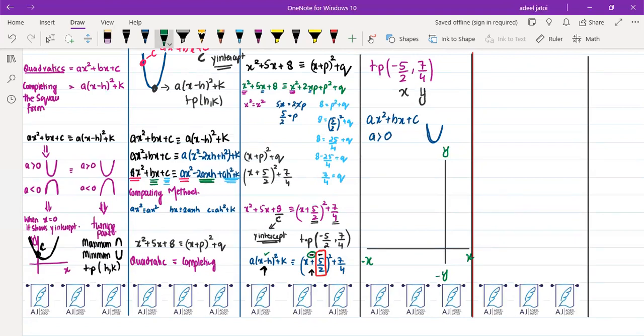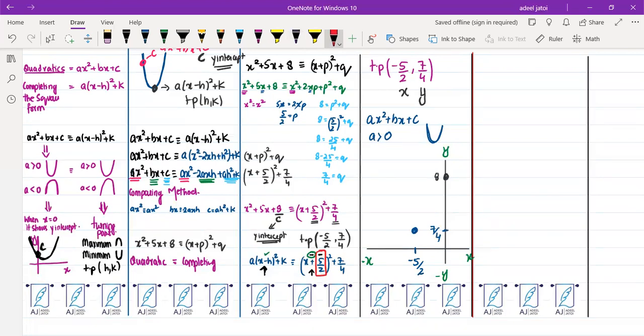The positive x-axis is always on the right. So let's say we have negative 5 upon 2 here, and 7 upon 4 is somewhere here. So this would be your turning point, right? Your y-intercept is 8, so let's write it down as 8.